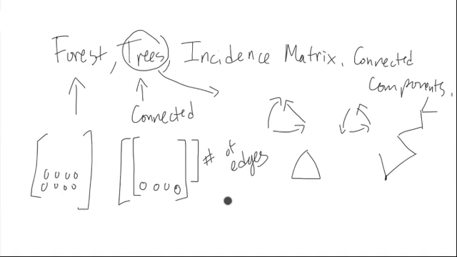Now, what if we had a forest, and suppose in that forest we have 8 edges, and let's suppose that we have 15 vertices. Then how many trees are living in that forest?